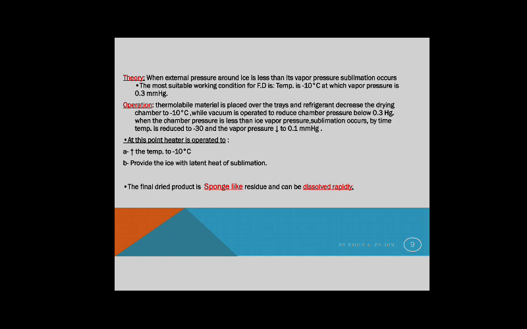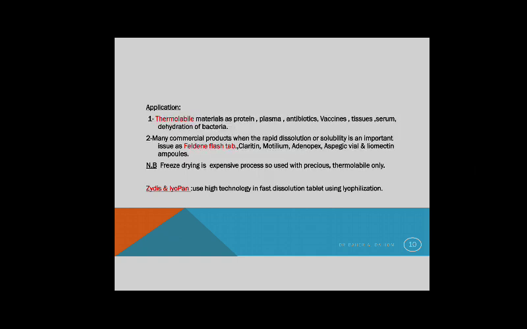At this point, the heater is operated to increase temperature, providing ice with latent heat for sublimation. The final product is a sponge-like residue and can be dissolved rapidly. It will be very hygroscopic. Application: used for thermolabile material like protein, plasma, antibiotics, vaccines, tissues, serum, and dehydration of bacteria.